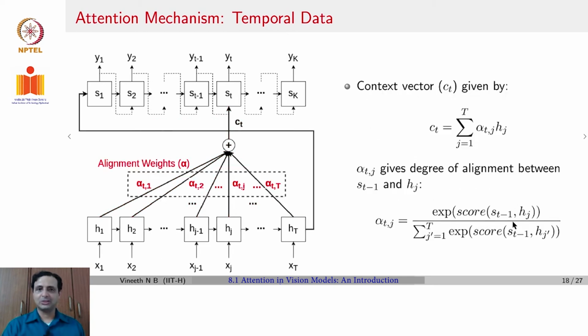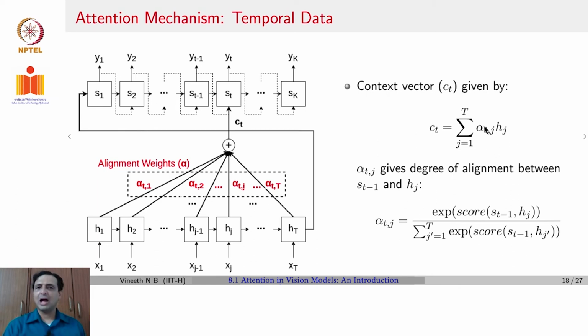And what is this context vector? This context vector is given by ct, which is the sum over all the time steps in your encoder RNN of alpha tj hj. So it's a weighted combination of all of your hidden state representations in your encoder RNN.